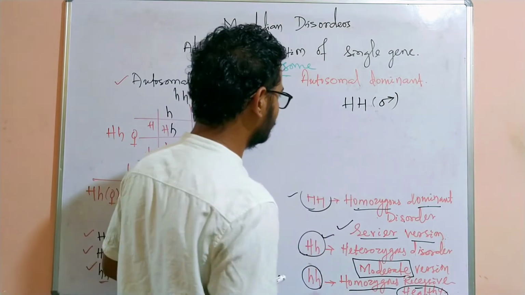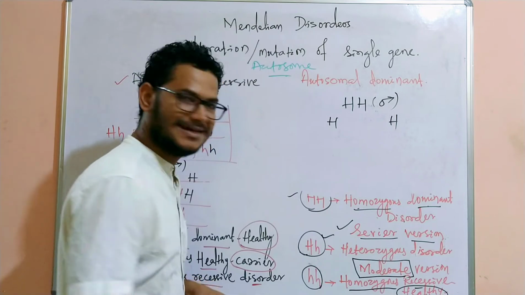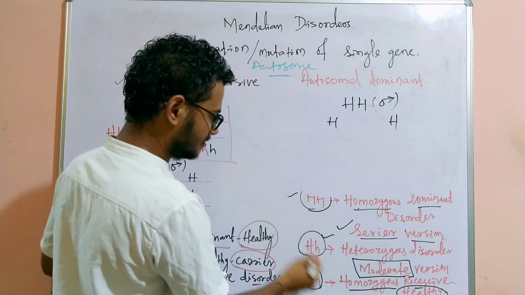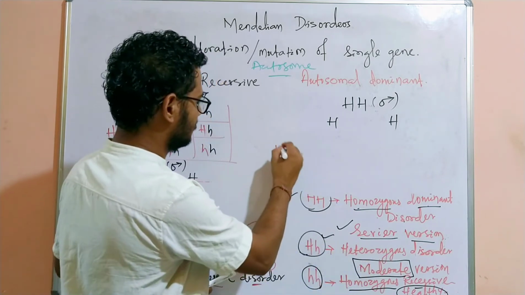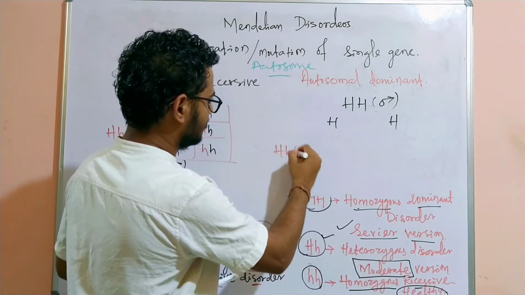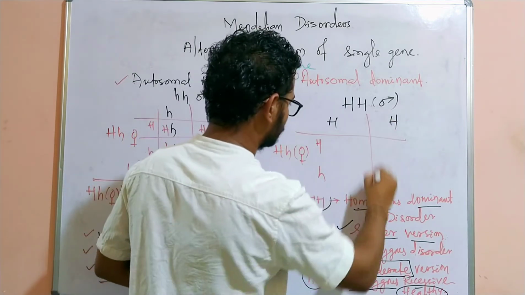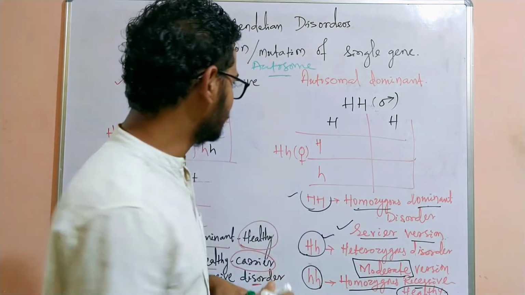Homozygous dominant father, we will have two sperms which carry the gene responsible for causing the disorder, and a heterozygous disorder or moderate version mother. So the eggs will be capital H and small h. So let's find out what will be the result.